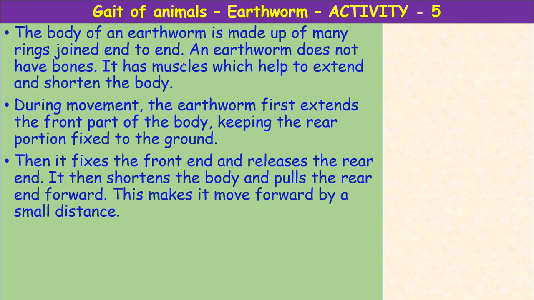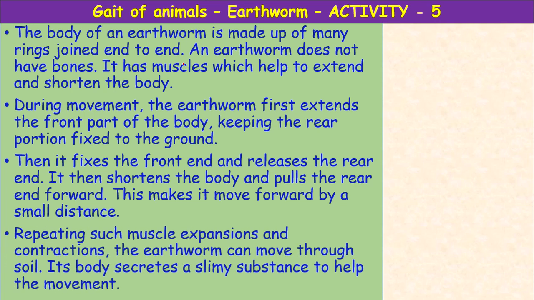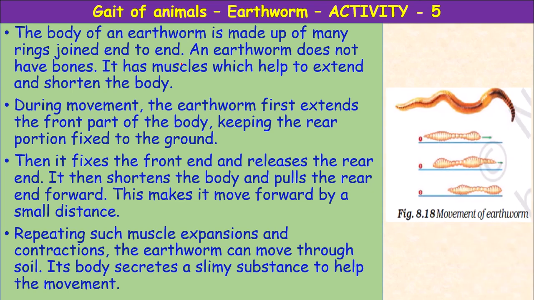This makes it move forward by a small distance. Repeating such muscle expansions and contractions, the earthworm can move through soil. Its body secretes a sticky, slimy substance to help in movement. That substance is called coelomic fluid.